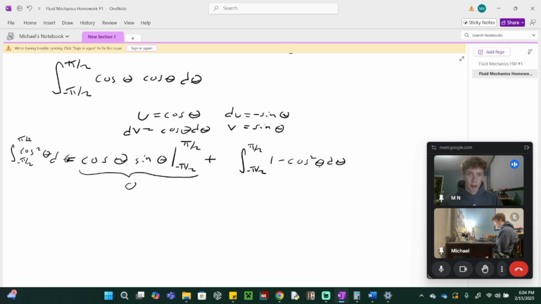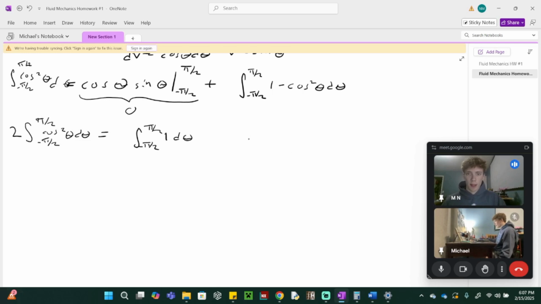So we're going to add this cosine squared theta d theta to the other side. We end up getting a 2 on the outside, the integral from negative pi over 2 to pi over 2 of cosine squared theta d theta equal, this is already gone, to the integral from negative pi over 2 to pi over 2 of just 1 d theta.